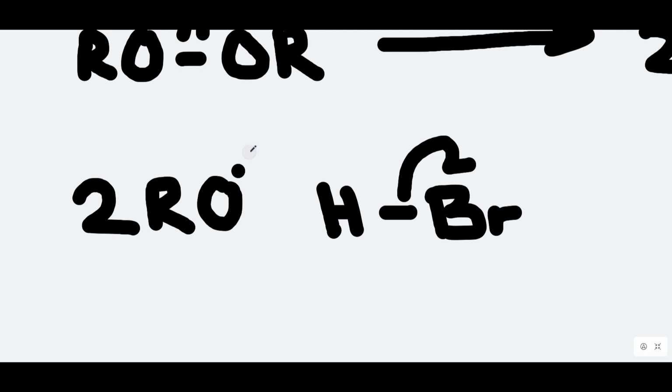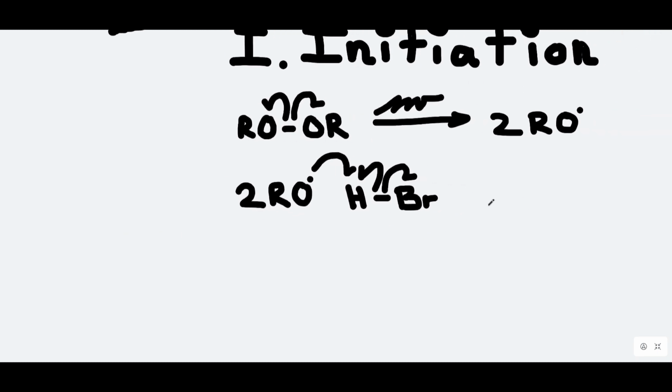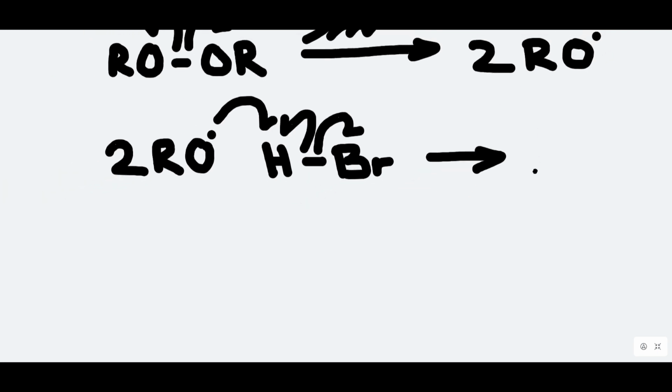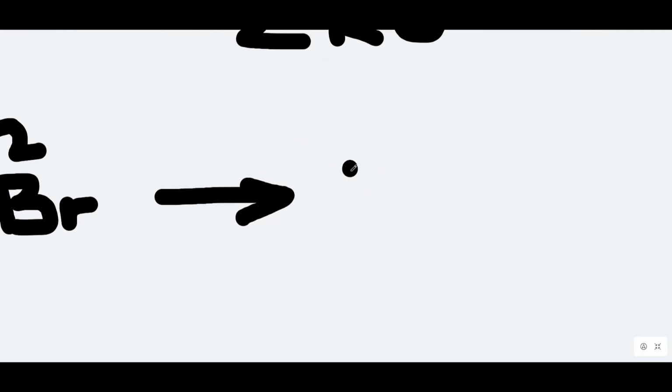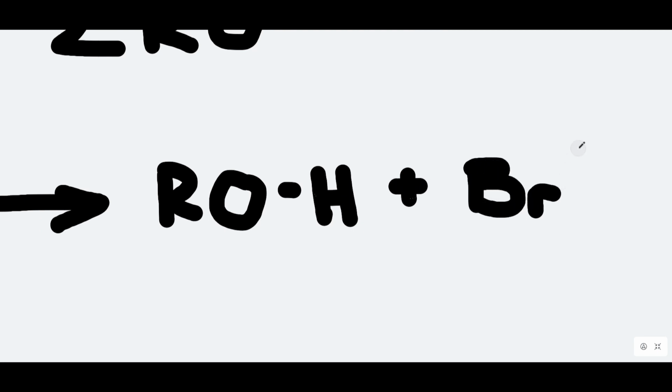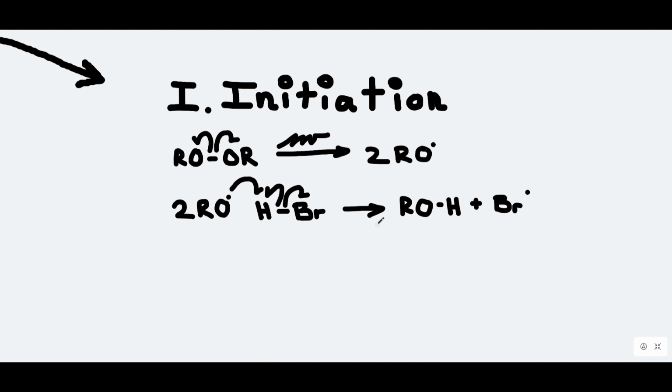And we are then going to bond this oxygen to this hydrogen by joining these two radicals here. So we're going to do that and that. And from this, we will obtain, boom.